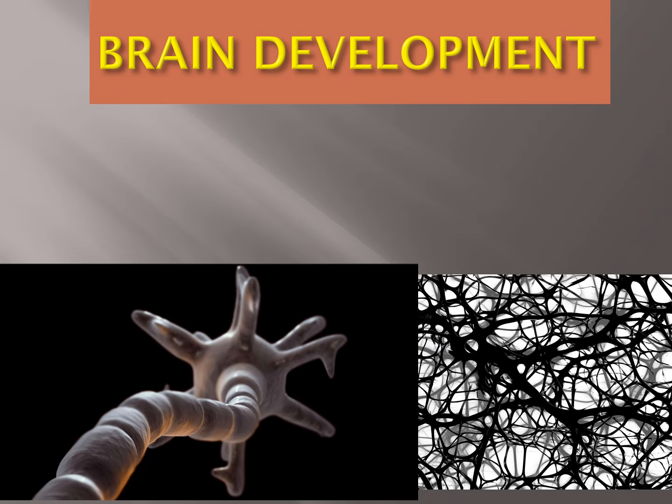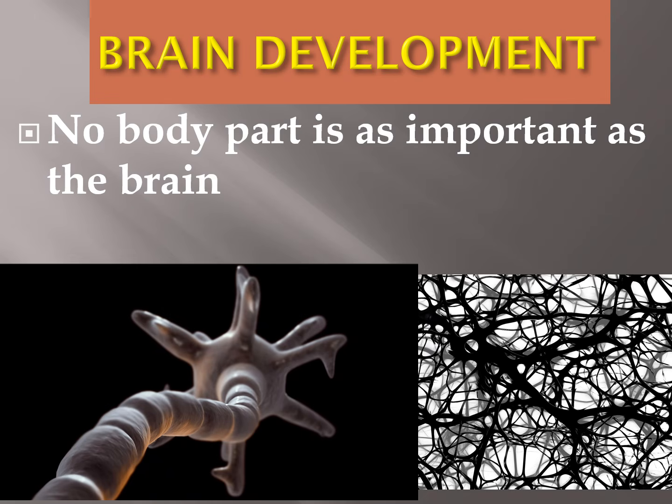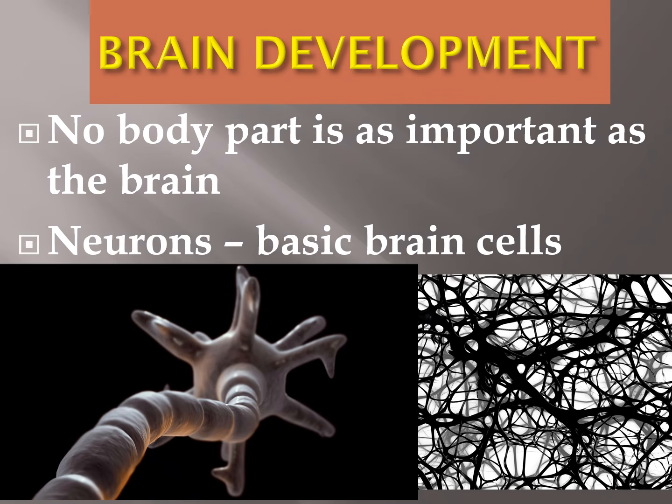Another part of development in this case is the brain. Obviously, there's no body part as important as the brain. As soon as the brain quits working, you're considered brain dead, which was not a nice thing to say, but it's true. Neurons, and you can see pictures of neurons, and then the right picture shows you neuron pathways.